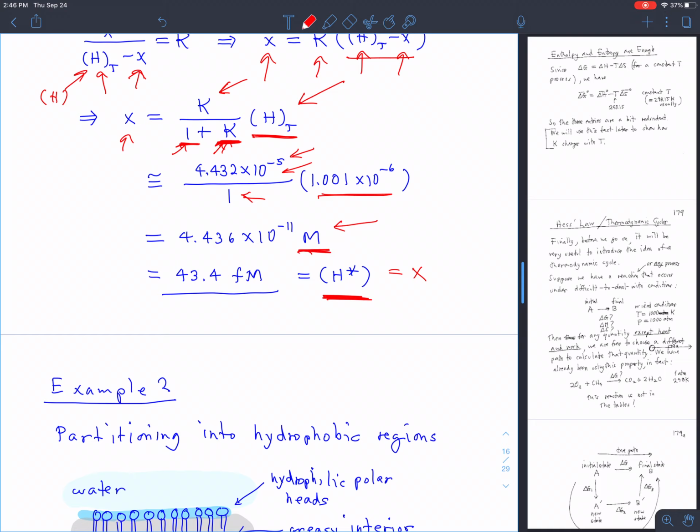So we don't reach equilibrium in this case until the closed hexokinase is at 43 femtomolar. Way down, almost a factor of 100 down from the amount that we started with, which was 1 nanomolar.